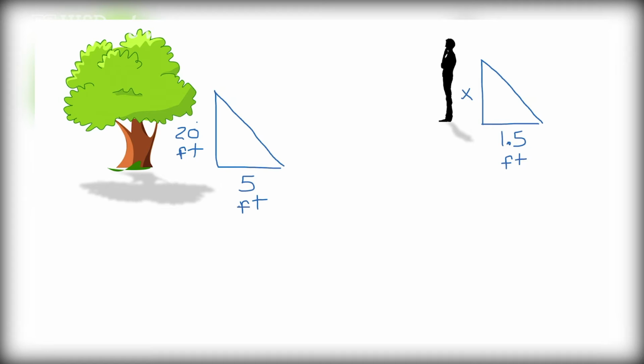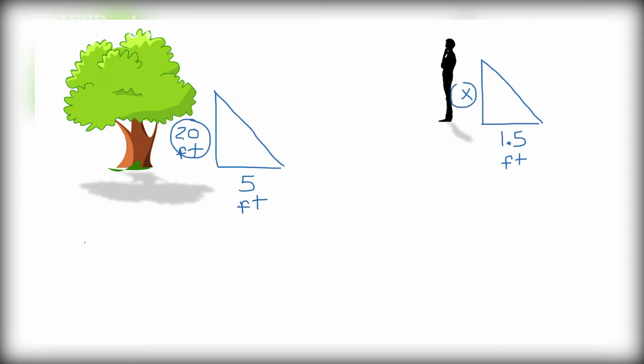So in order for us to solve this problem, I'm just going to use proportions, and the proportions are going to be based on the corresponding sides. So I know that the number 20, which is the height, corresponds to the missing side x.